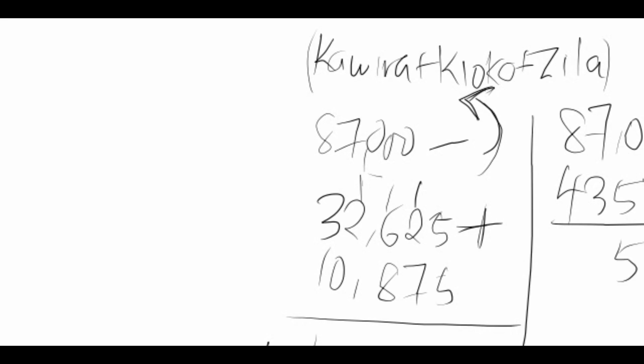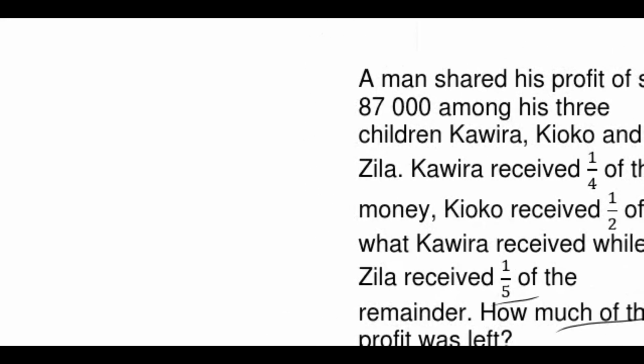We borrowed from here, this remains 6, minus 3 is 3. Then 8 minus 4 is 4. So we have 43,500 remaining. So what remained is 43,500, and that is our answer.